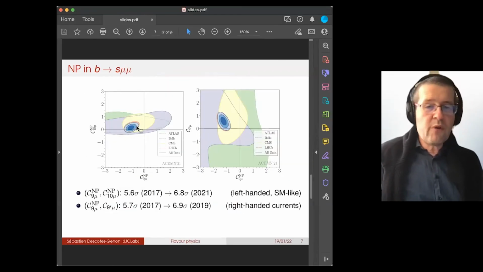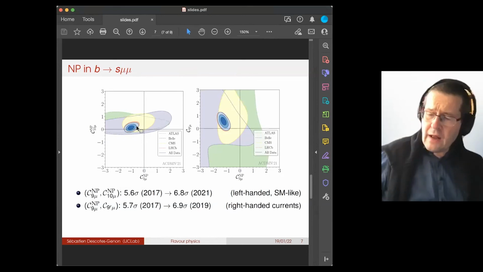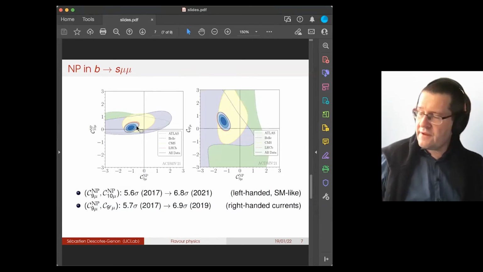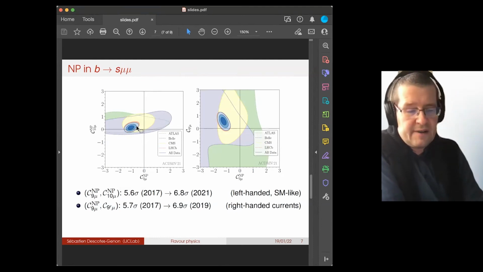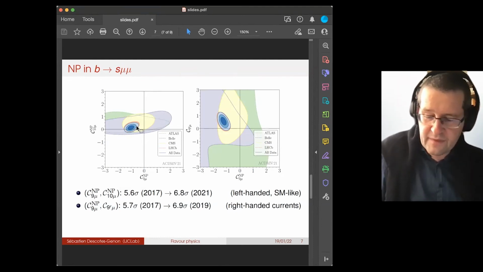Among the scenarios that are very much liked, all of them like to have a large contribution to C9 in b to s mu mu. That's something which is clear.